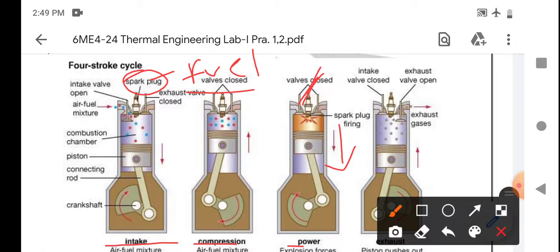After this, in the next stroke, the exhaust, the piston moves in the upward direction, and the outlet valve also opens, which is used to exhaust the burnt gases from the cylinder.